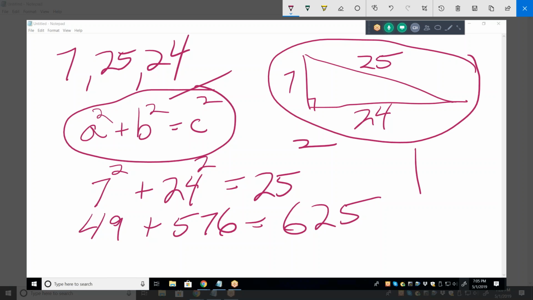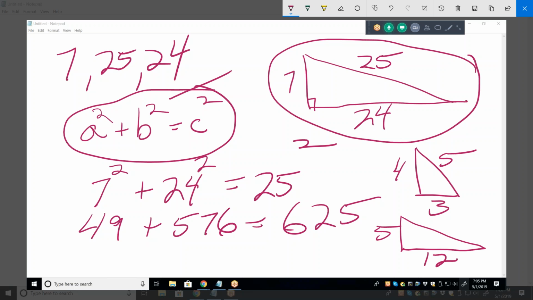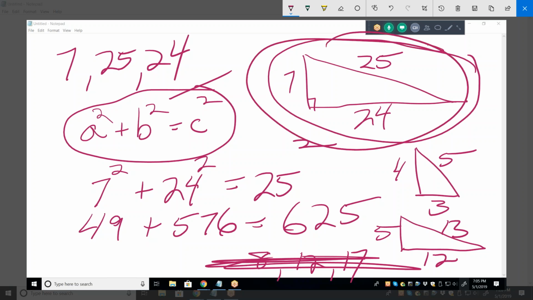first one being a 3, 4, 5. And the next one they expect you to know, or that it's very useful to know, is a 5, 12, 13. And then there's an 8, 15, 17, and this is the next one up after that.